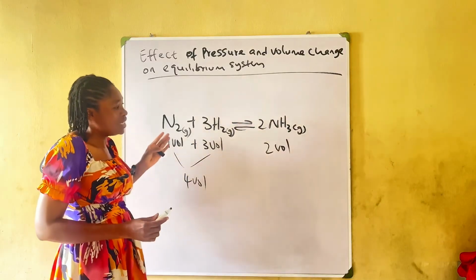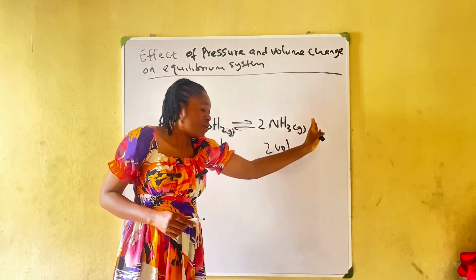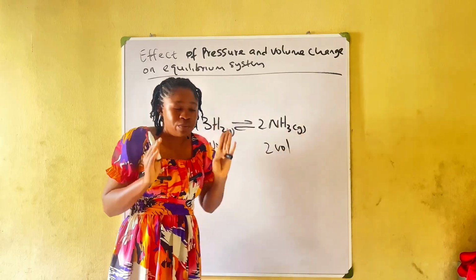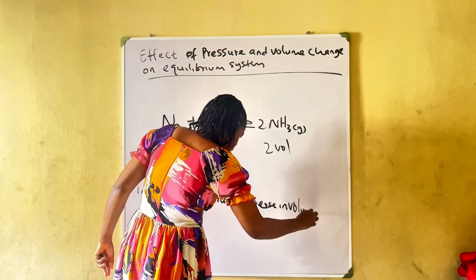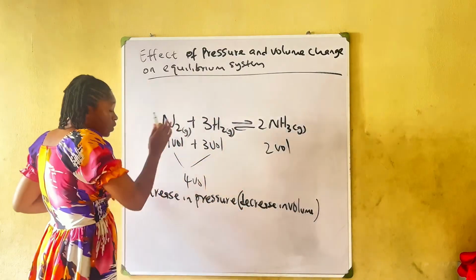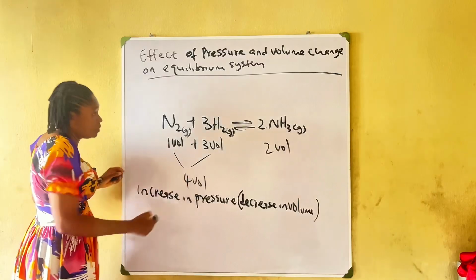So you can see now, we're not talking about enthalpy change, whether it's exothermic or endothermic. That one is only for temperature. So for this particular equation, increasing pressure shifts equilibrium to the right.